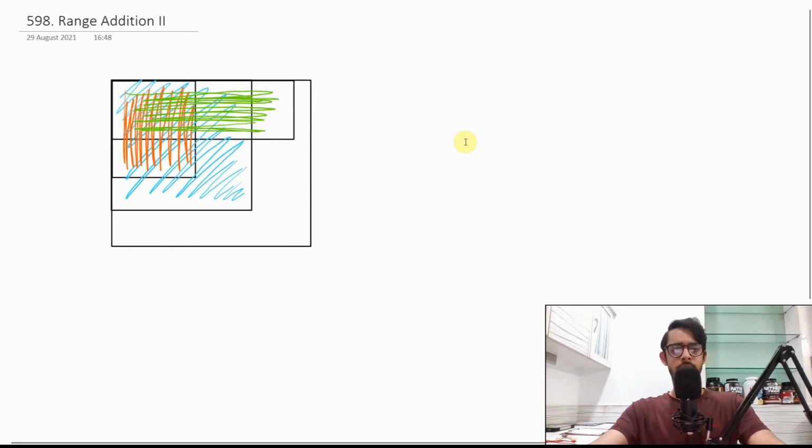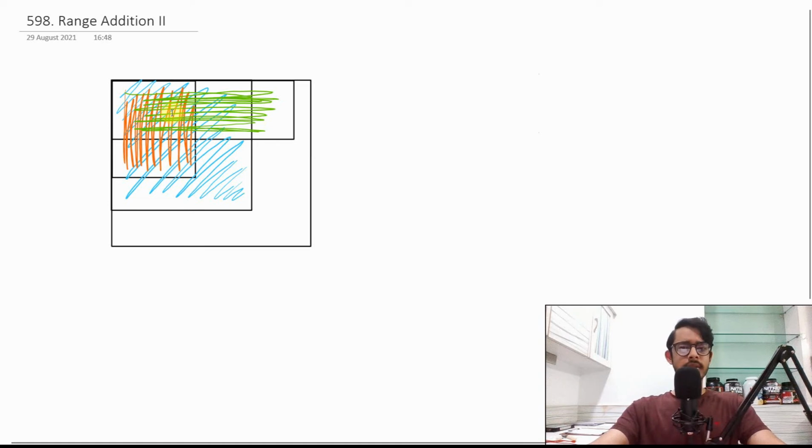Now what can we observe? Well, while this green section on its own is going to give you a score of 1, this green and blue intersection gives you a score of 2. All of these colors intersecting, the blue, the orange and the green, will give you a score of 3. And what's so special about this 3? This 3 is the highest integer because it's sitting at the intersection of every single rectangle.